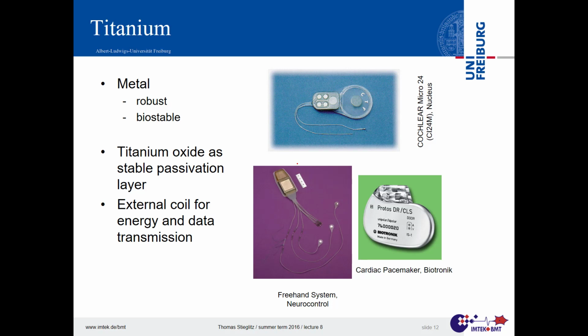the coil is placed outside of the package. And as we see on the upper row for the cochlear implant, the right-hand side part is the coil embedded into silicone rubber, and we have a magnet in the middle so that we can stick a coil on from the outside. That's good on one hand because you don't have to hold your outside coil, and it's a self-alignment. The coil is always in the right position.